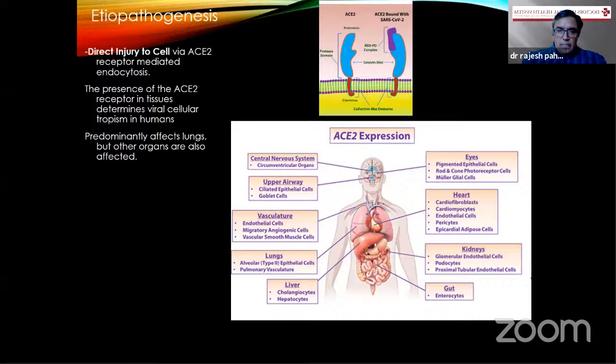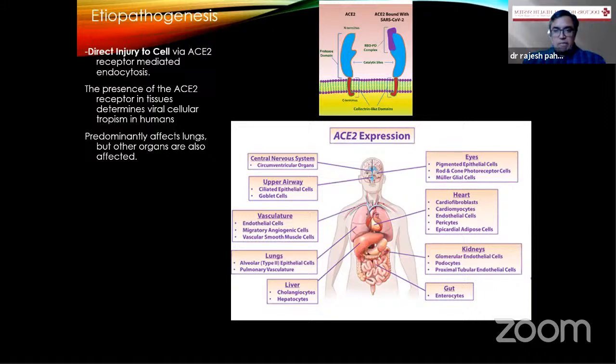Let's start with how COVID-19 affects the cells. It binds to the ACE receptor and then damages the cells after endocytosis. Therefore, the presence of ACE receptor in the tissue is very important for viral cellular tropism in humans.